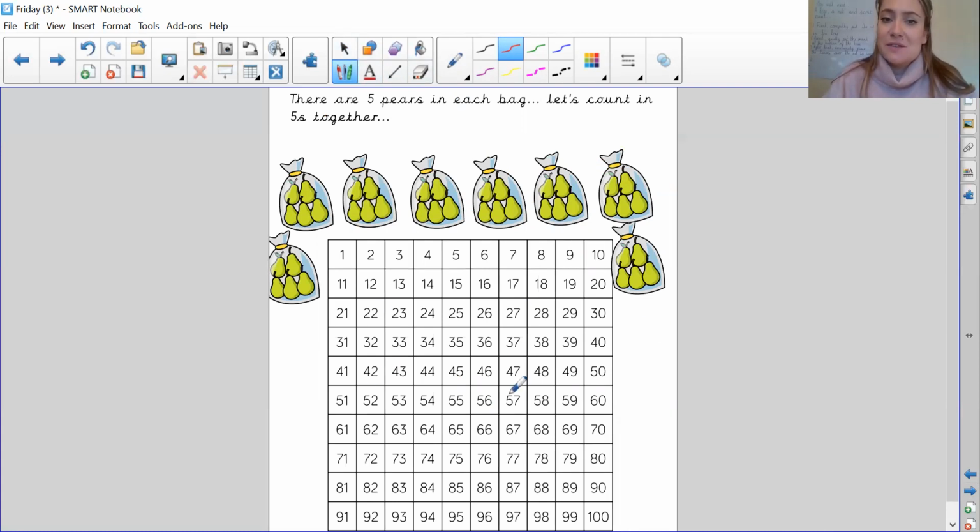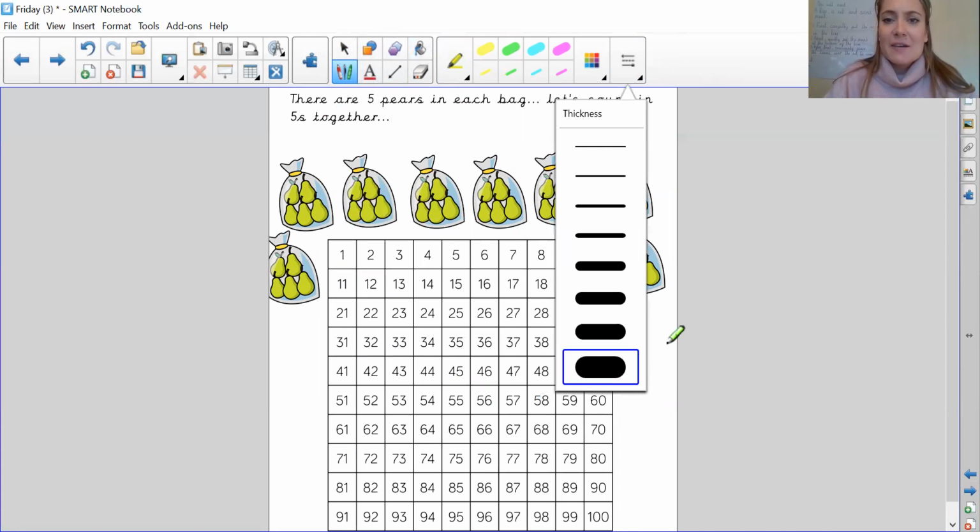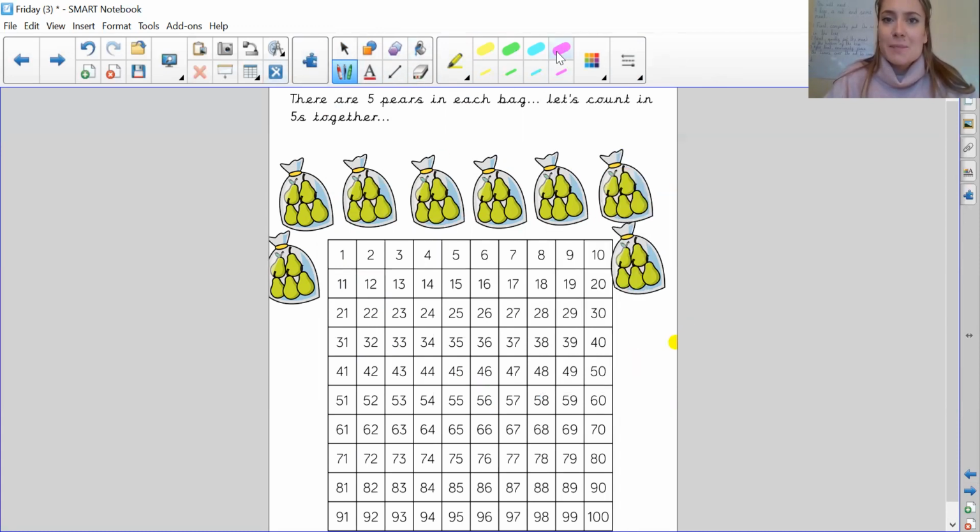Okay, I'm going to use my tens frame here to help me with this one. So I have got some 5 pairs in each bag. Okay, there's 5 there, 5 there, and 5 there. And I'm going to count in my 5s to help me.